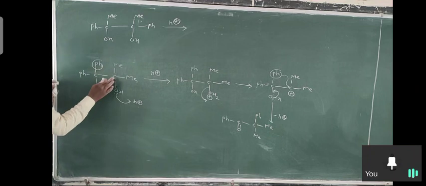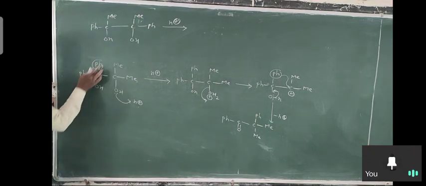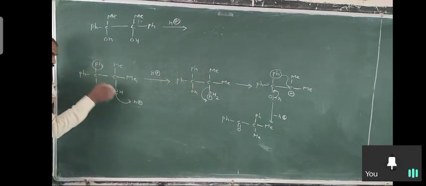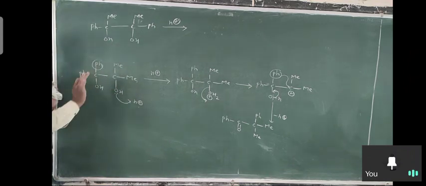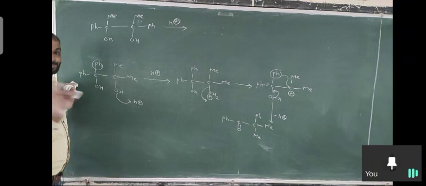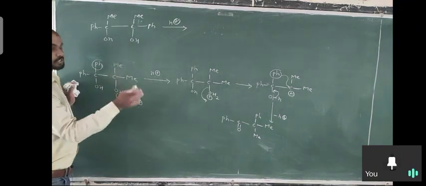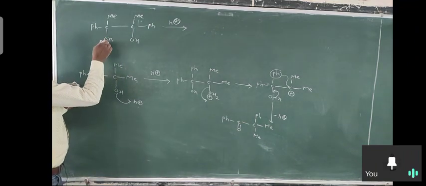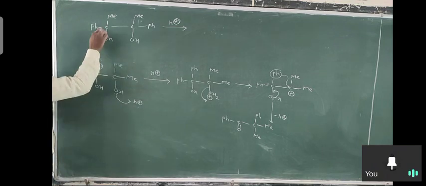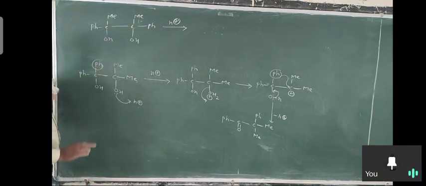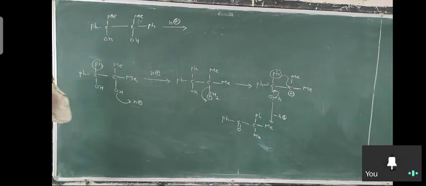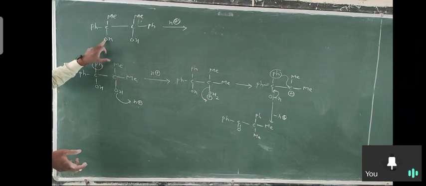In the previous case, this carbon had both methyls and this carbon had both phenyls, that's why we did the protonation there. But here both carbons are the same, so you can do the protonation at this hydroxy group or that one, both are the same, because both carbons have a phenyl and a methyl group.